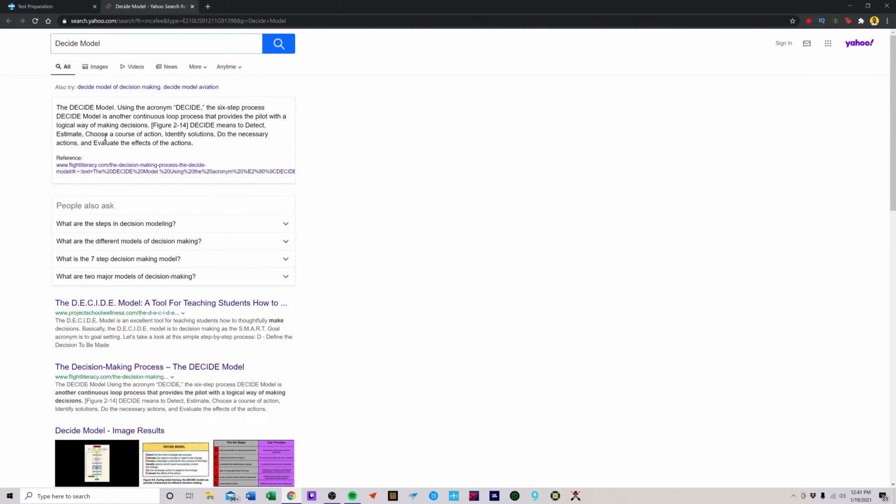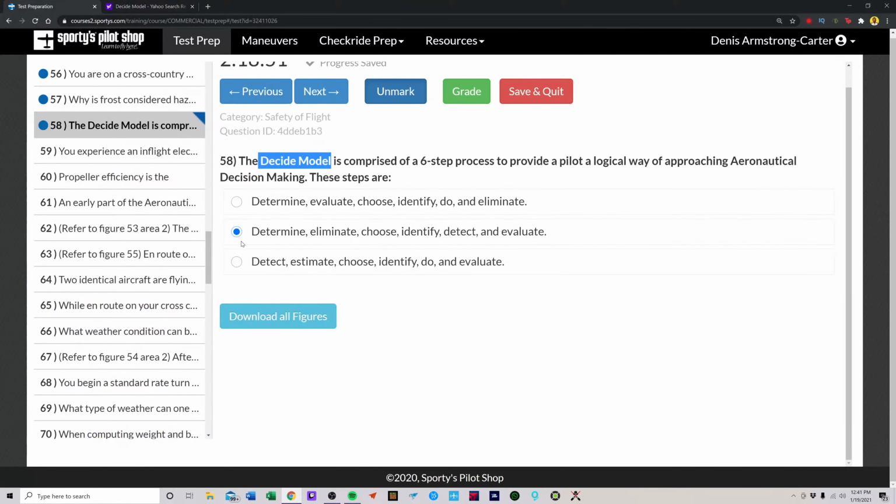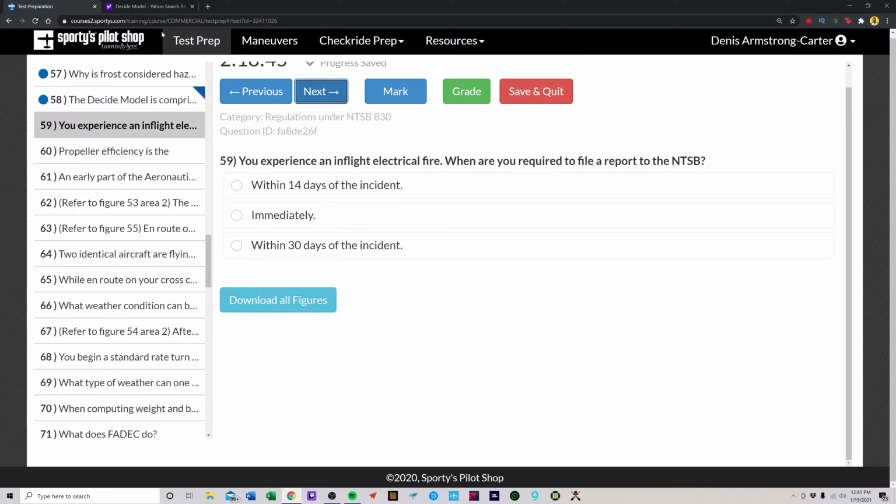There we go. So there's the six-process DECIDE model. Oh, that's right. So what is it? Detect, estimate, choose, identify, do, evaluate. So it's the bottom one. That's a memorization one. I'll just have to memorize that.